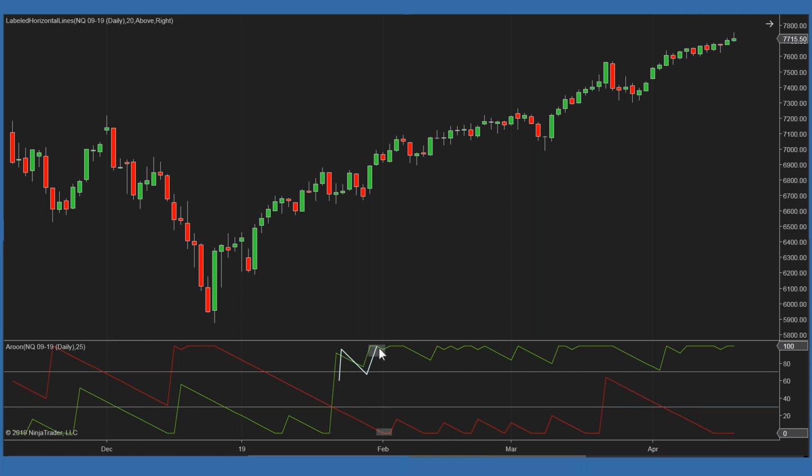So some traders will wait until it actually hits the extreme point of 100 and then look for a little zigzag pattern to develop. But that second push, that second attempt to move the market higher.